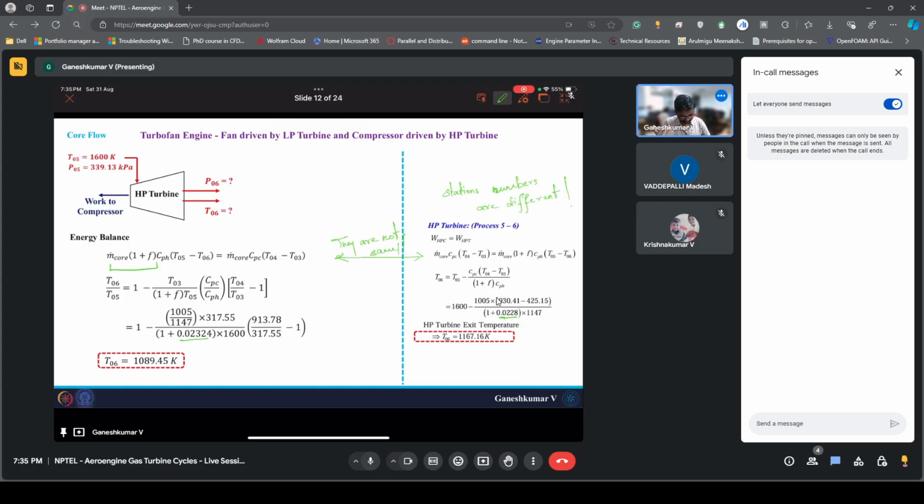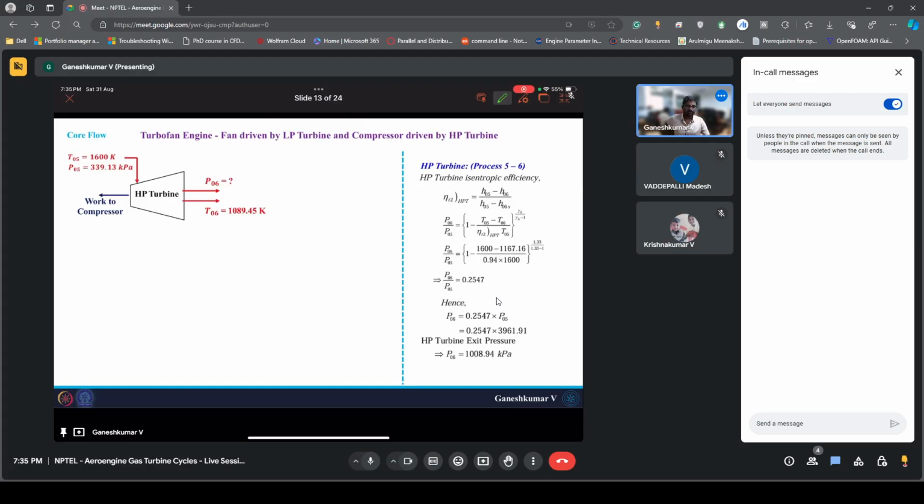Now let's move forward and find the pressure. We found the temperature. Now to find the pressure, you have this isentropic efficiency relation, and from there you can get this relation.